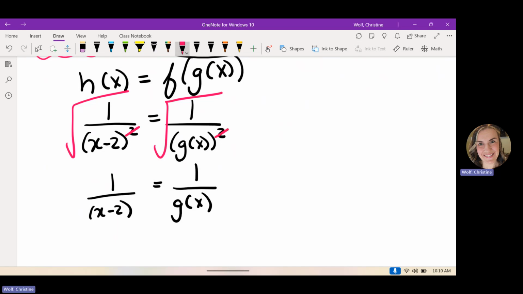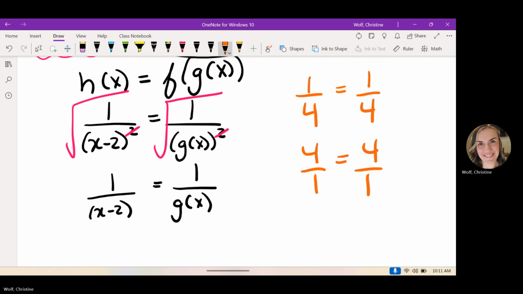Now, did you guys know when you have a fraction equal to another fraction with no other busy stuff around, just fraction equal to fraction, you can just flip them on both sides? Did you guys know that? I'll show you. Can I prove it to you? What if you have this? Flip them. They'll still be equal.